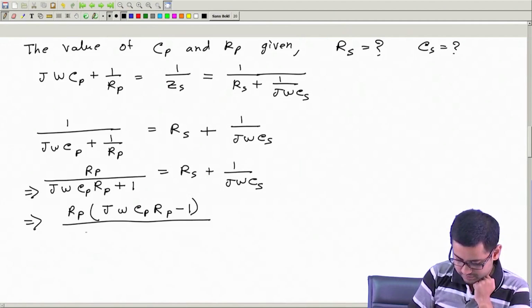So we'll have omega square Cp square Rp square, and j square is minus 1.